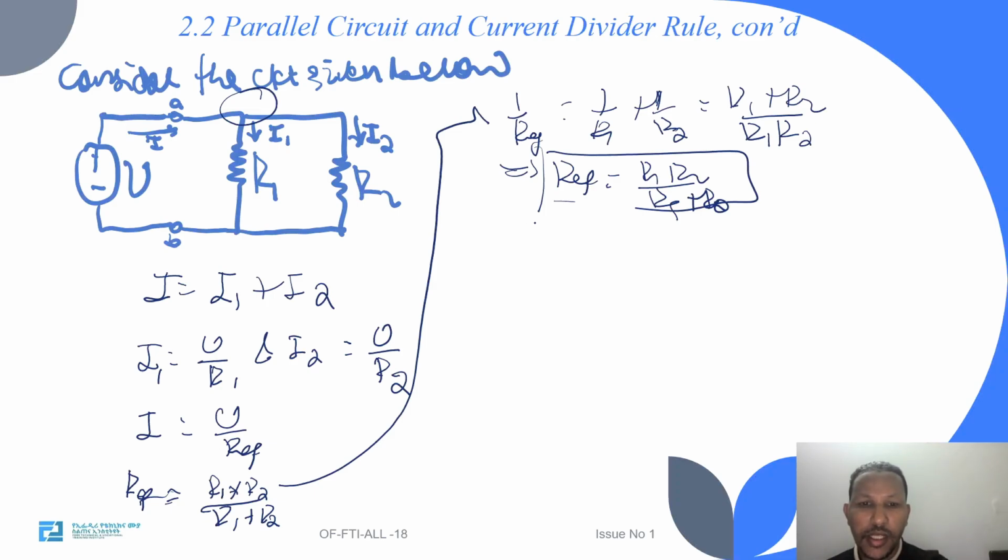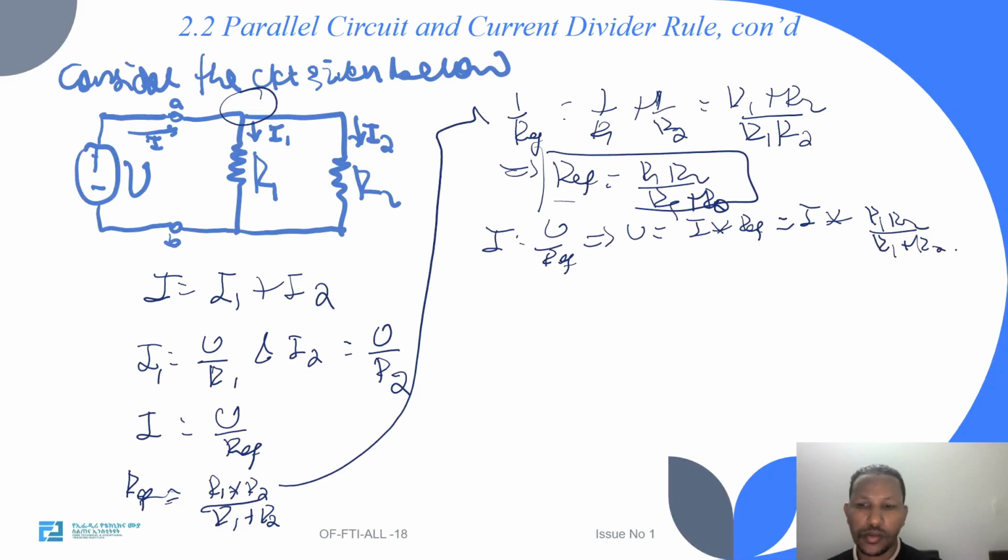So I can write the value, and using this we can have the voltage. We know that I equals V over R equivalent. So V equals I times R equivalent, which is I times R1 R2 over R1 plus R2.